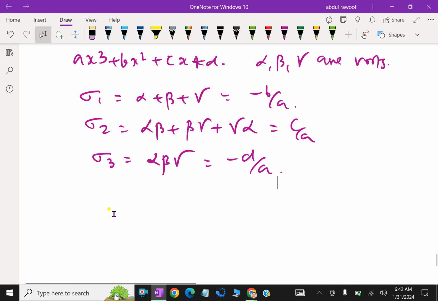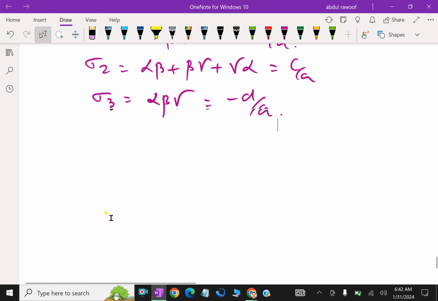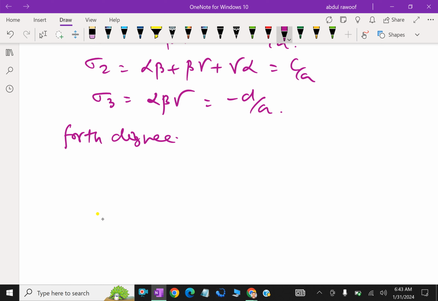Now, for example, a fourth degree equation: a x power 4 plus b x cube plus c x squared plus d x plus e equal to 0.